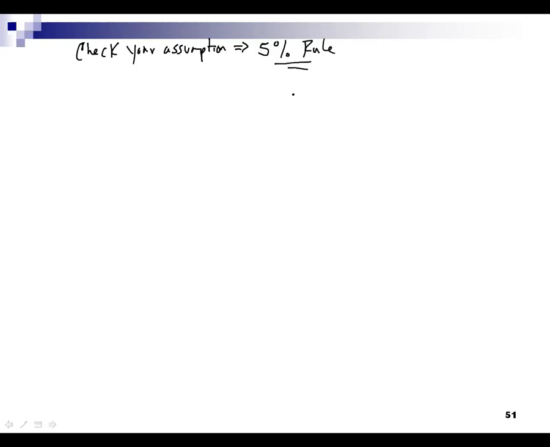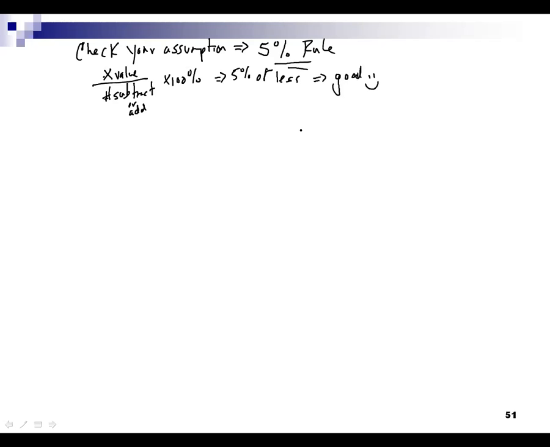The 5% rule is a way that you can check your assumptions. You take the x value that you got and divide it by the number you're going to subtract it from or add it to, and you times it by 100%. If that value is 5% or less, everything's good. You can keep the assumption.